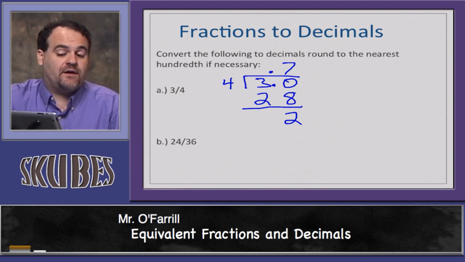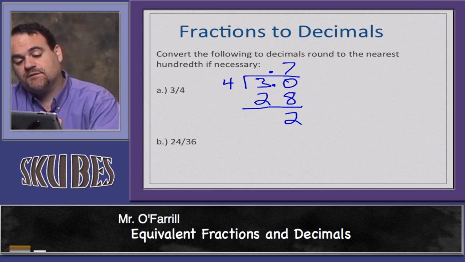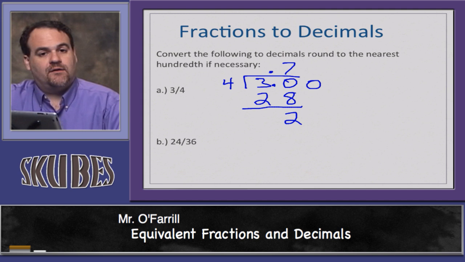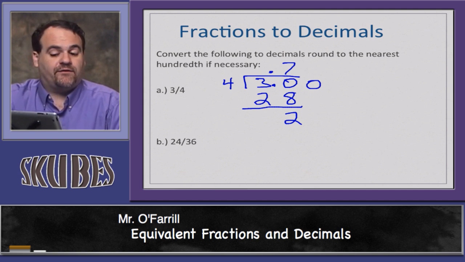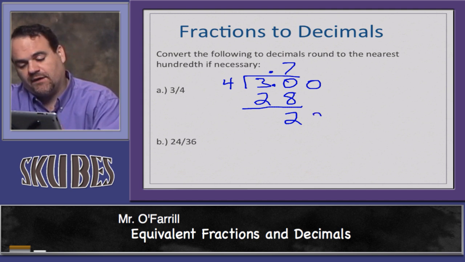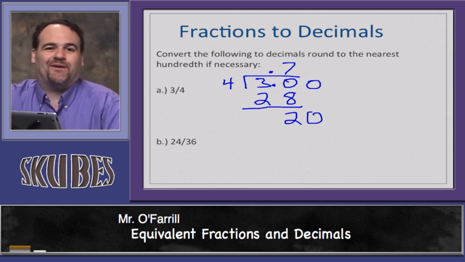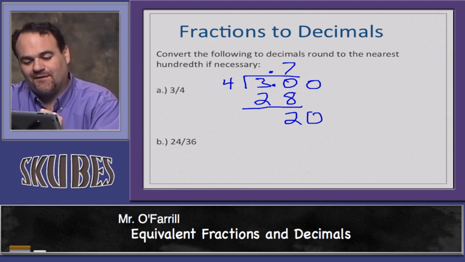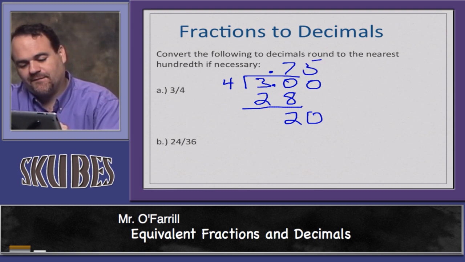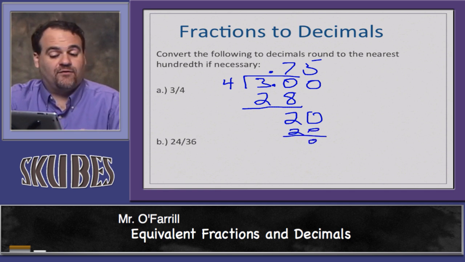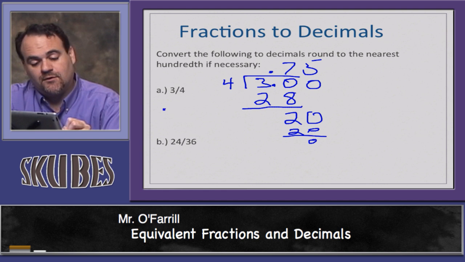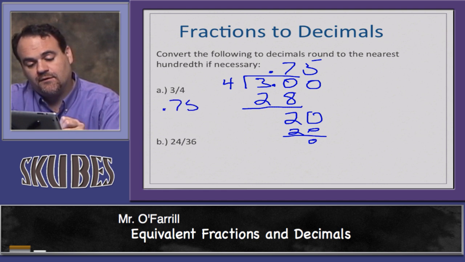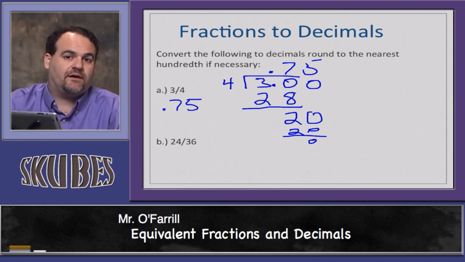Since there's still a number there, we're going to need to keep going. So let's put another 0 after that 3. So now it's 3.00. So we can bring that down. And look at that. 4 goes into 20 5 times. So 3/4 equals 0.75.